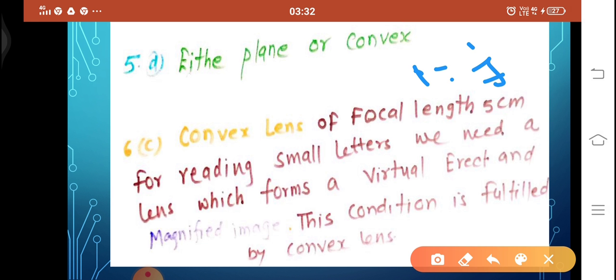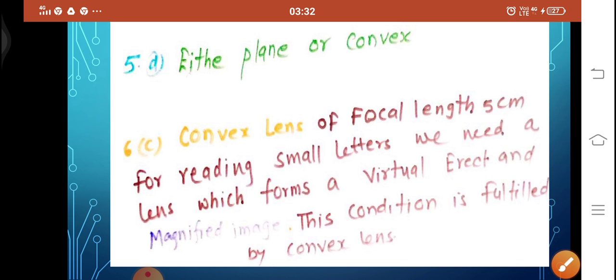So a lens of less focal length will have more power. So a convex lens of focal length 5 centimeter. For reading small letters, we need a lens which forms a virtual, erect and magnified image. This condition is fulfilled by a convex lens only.